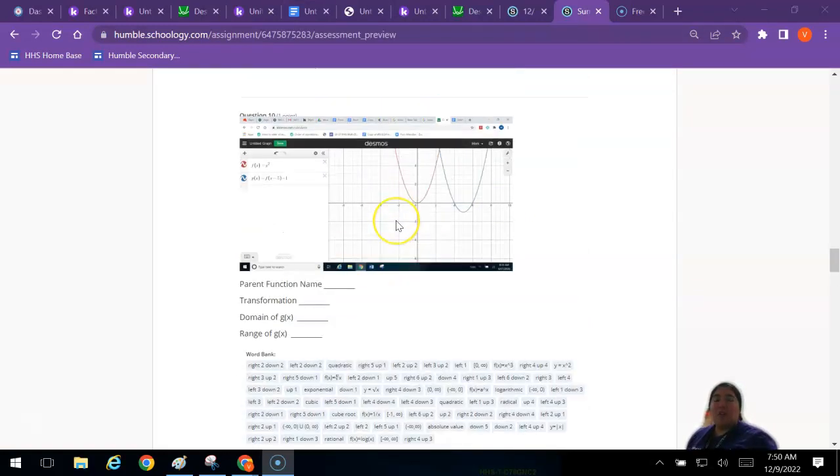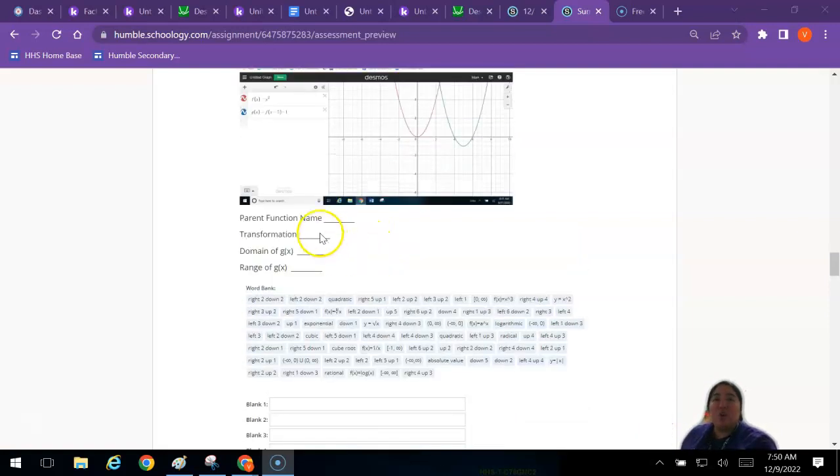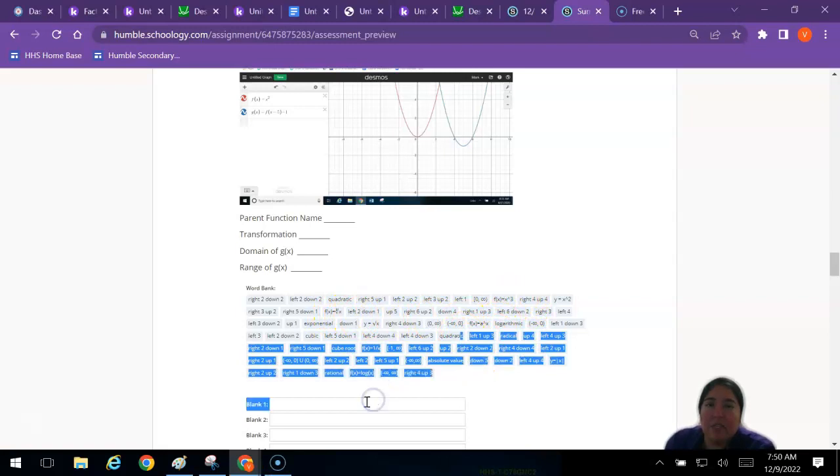All right, this one, it has you fill in everything that you think it is. So what is the parent function name? What does this look like? Linear, quadratic, exponential. That one's a quadratic. So look for the word quadratic and put that in blank 1.